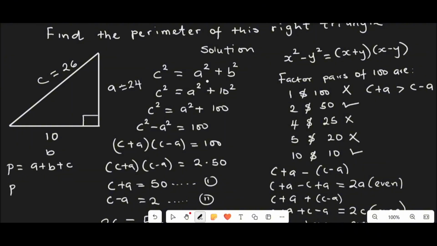P equal to, our A is 24, 24 plus 10 plus 26. P equal to 24 plus 26 will give us 50, plus 10 will give us 60. So the perimeter of the triangle is 60 units.